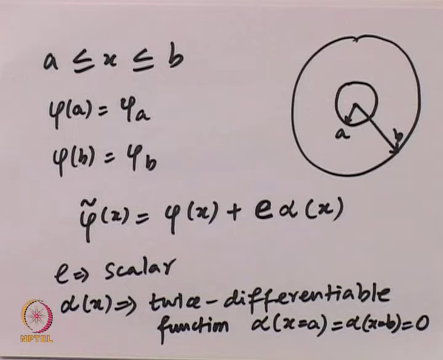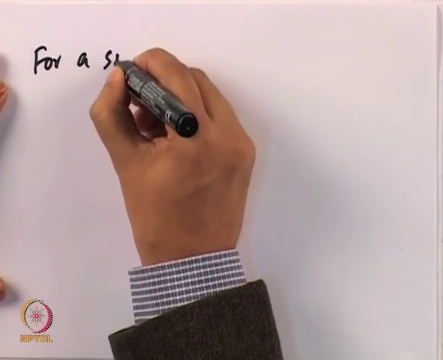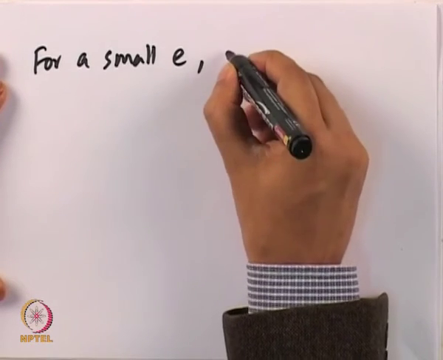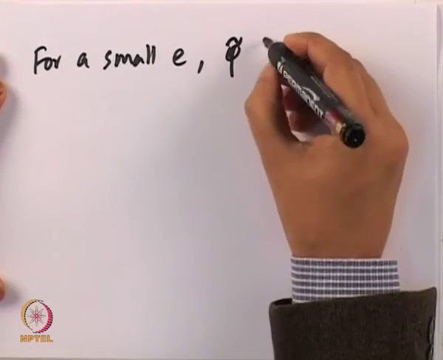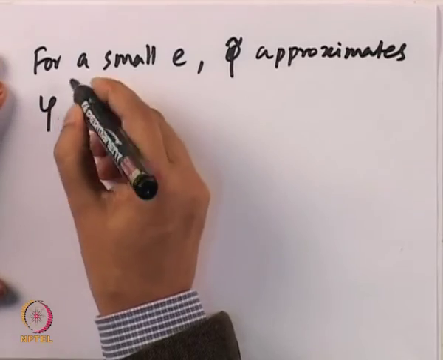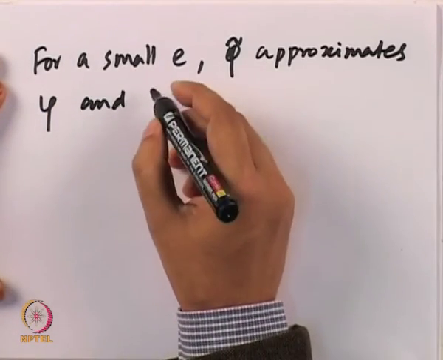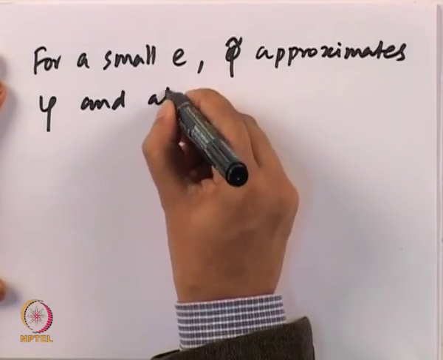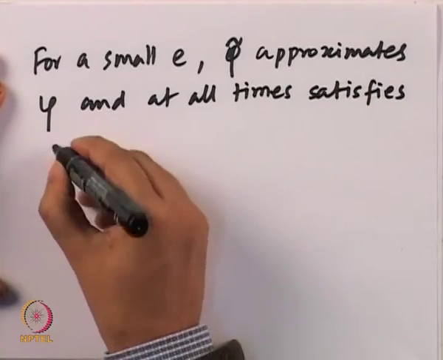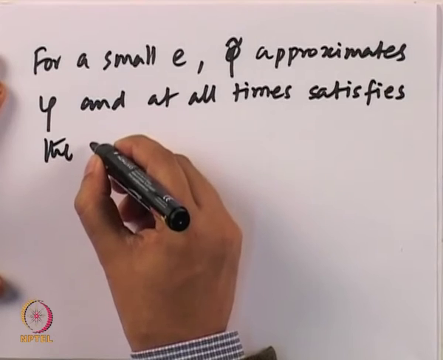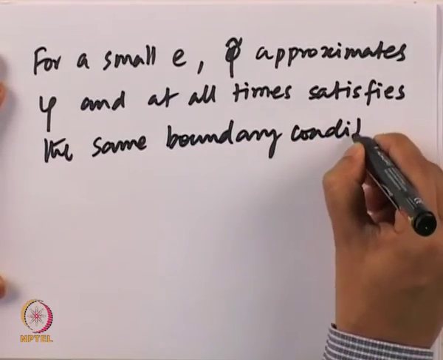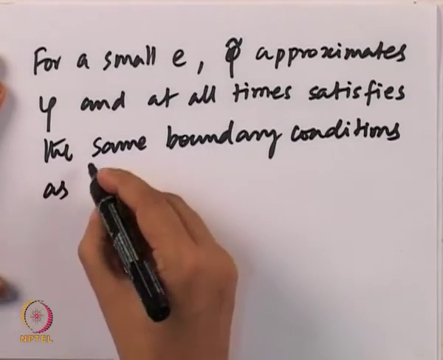For a small e, the value of phi tilde is going to approximate phi, and at all times satisfies the same boundary conditions as phi.